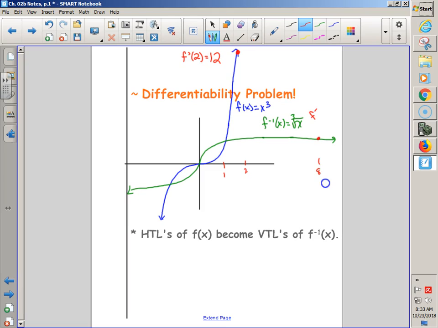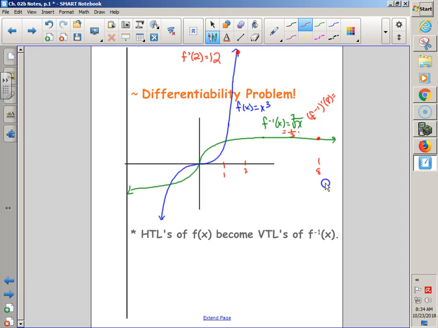So what's f inverse prime of 8? You guys are reading off a funny fraction, right? Okay. Couldn't we also figure out what that funny decimal is by taking a derivative? The derivative would be 1/3, right?